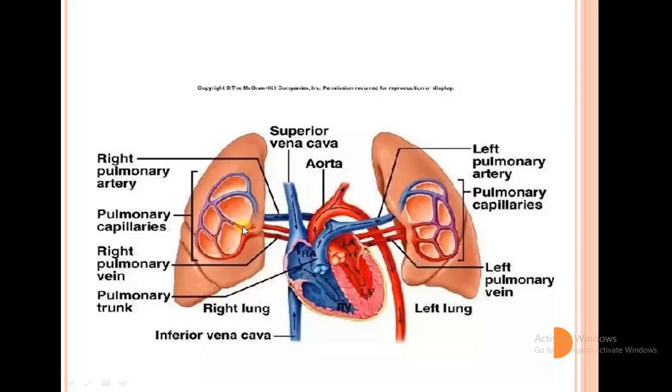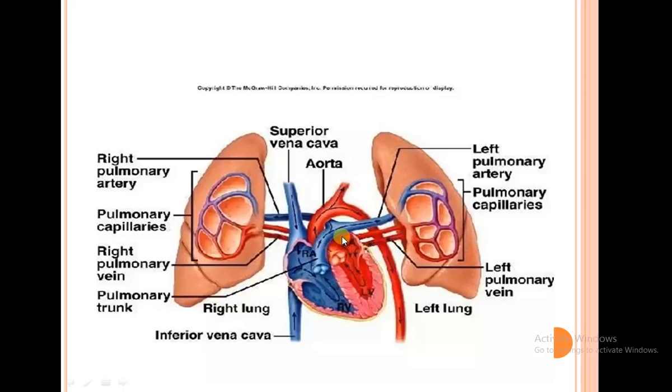Now inside the lung, the pulmonary arteries will divide and ultimately form the pulmonary capillaries, where gaseous exchange will take place, and the pulmonary capillaries will unite to form the small veins, which are venules, and then the pulmonary venules will join to form the larger veins. So pulmonary veins will carry the oxygenated blood from both the lungs back to the heart into the left atrium.